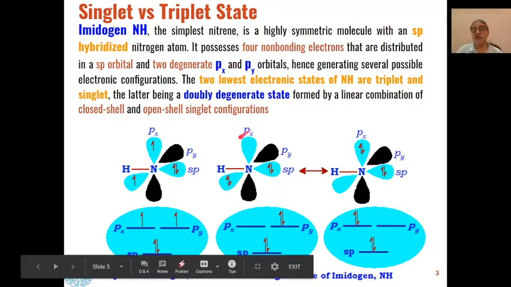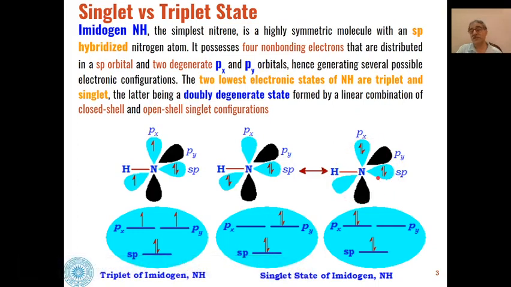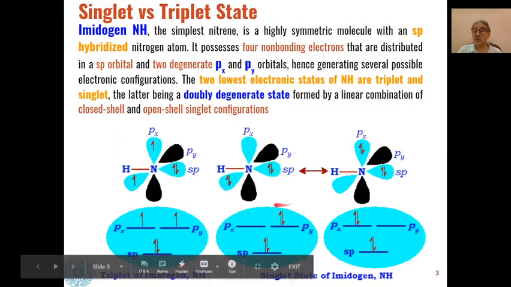Whereas singlet nitrene can have these two types of doubly degenerate states, where two electrons are present in the sp hybridized orbital, and the other two electrons in a paired form may be present in py or px. Because the energy is the same, it hardly makes any difference whether the two electrons are present in px or py, so they will give the same chemical and physical properties in the case of singlet amidogen.